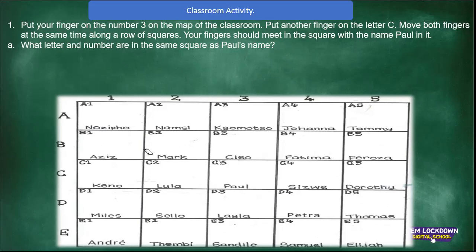Okay, no problem. Yes, continue. Minentle. It is C3, but then I cannot see the number 3. Oh, okay, it's okay as long as you gave the answer. Thank you very much, baby girl. You're welcome, ma'am.